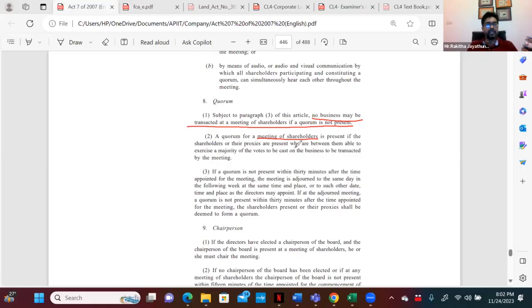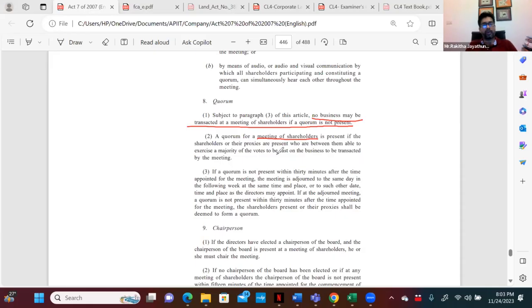According to model articles, you will be able to satisfy the quorum requirement only if the shareholders or their proxies are present. I am a shareholder, I can't go for the meeting, I am busy, but I can send someone else on my behalf. That person doesn't have to be a shareholder. Since I'm not in a position to participate in the meeting, I can send someone else. We call that person a proxy.